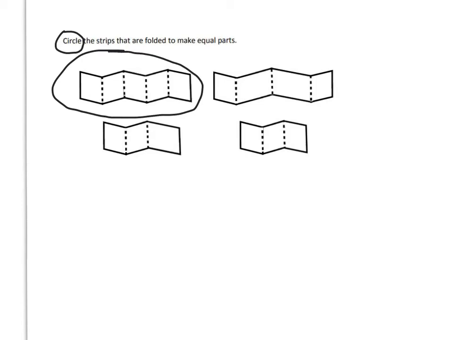My second strip, I see that this piece and this piece, they're a little bit bigger than my end pieces. So they're not folded equally, so I'm not going to circle that. And my last piece that is folded, that's bigger than the first 2 pieces, so that's not equally shaded. But my third piece is. So therefore, there's only 2 strips that are folded to make equal parts.